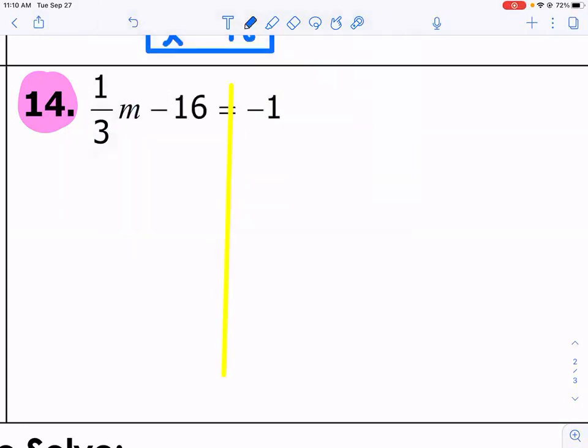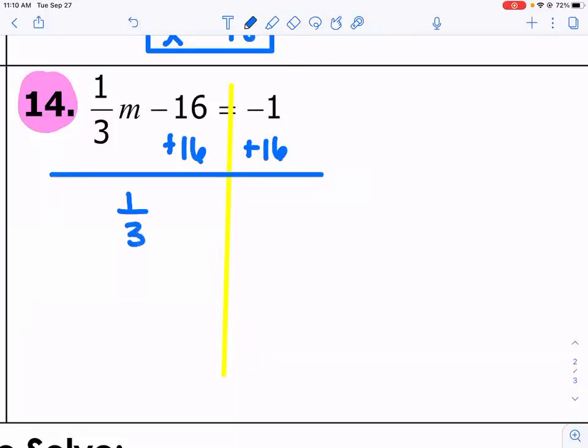All right, let's talk about this problem. Cordell, what's the first thing that you did? You added 16 to both sides. So we have 1/3 M equals 15. Do you agree with that? Okay.